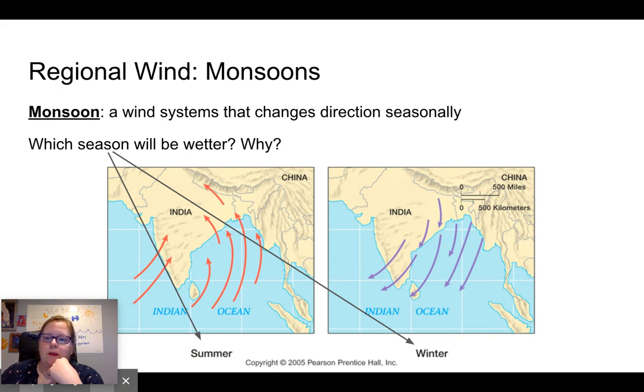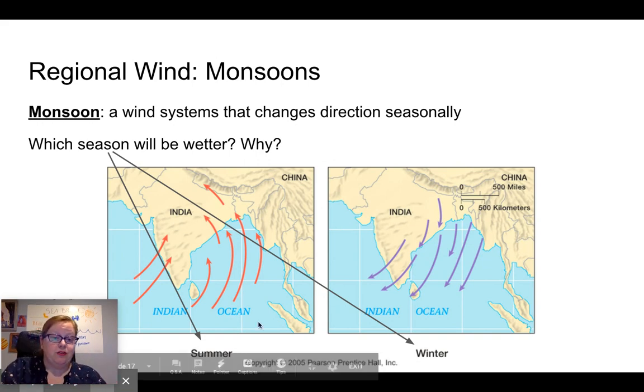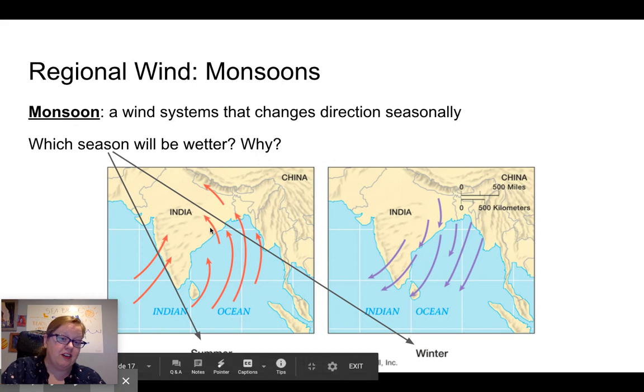As we talked about with air masses, when the air mass is bringing humid air that formed over the ocean onto land, you'll get wet monsoons in the summertime.